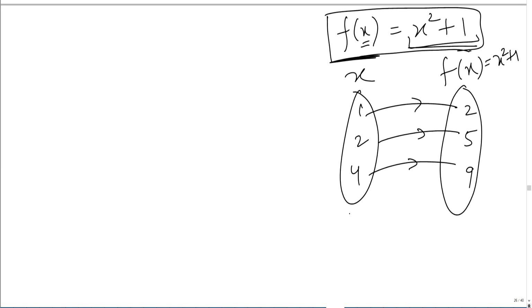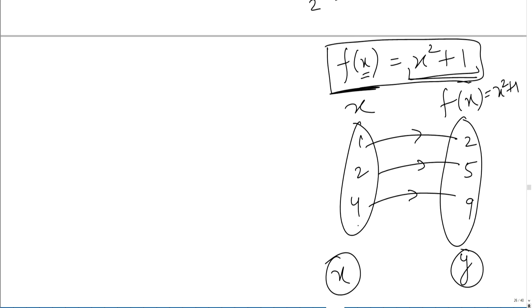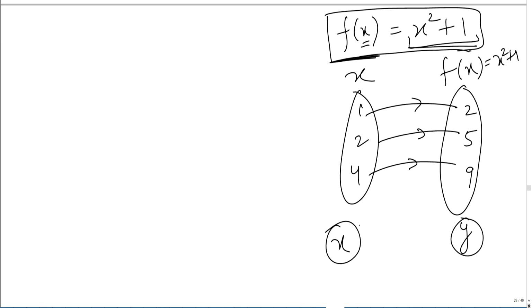A function in a way also gives you the relationship between an input variable x and an output variable y. So there are two variables in action here, one input variable and one output variable. When you have a two variable system, you can draw it on a two dimensional graph. So, you can always draw the graph of a function.